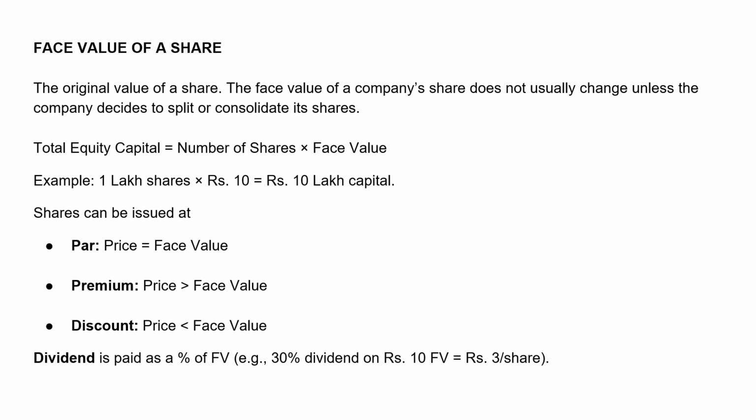So then the government decided that dividends will not be declared as a percentage of the face value, but rather as the amount itself, saying 1.5 rupees per share or 3.5 rupees per share, not as a percentage. But before that the dividends were always declared as a percentage of the face value. So 30 percentage dividend would mean that a 10 rupees face value would fetch you 3 rupees per share. Hope you got the context clear.